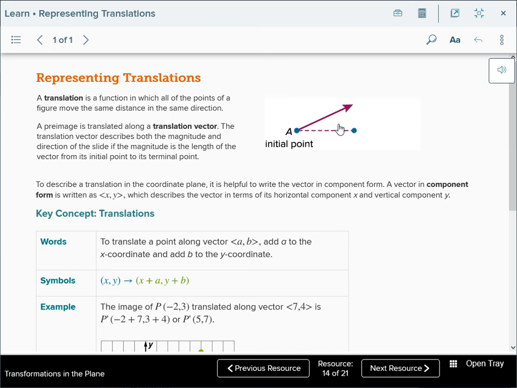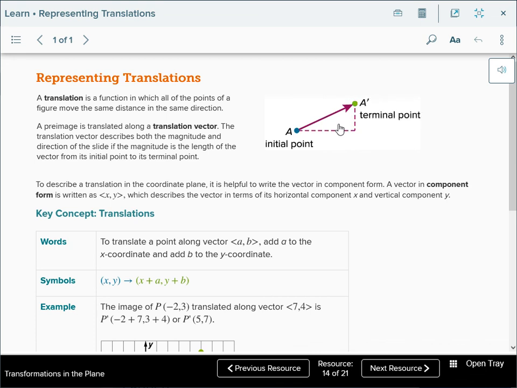Whatever you need to jot down there to make sure you understand it, you might want to do it. When we're doing translations, when we're doing slides, sometimes they'll just tell you, when you were in 4th grade, 5th grade, whatever, they just said, slide this shape. They might say slide 5 right and 3 up. So it may be written out that way.